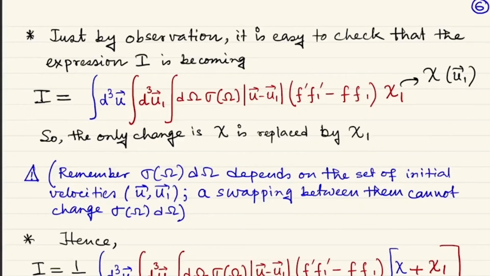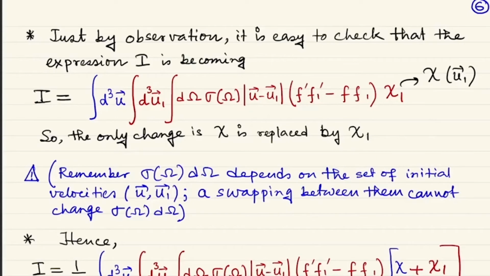Then f will be f1 and f1 will be f, and the same for f prime and f1 prime. In this integral, the integration is done on both u and u1 space, so I can blindly interchange u and u1, and nothing will change in the final value of the integration, right?